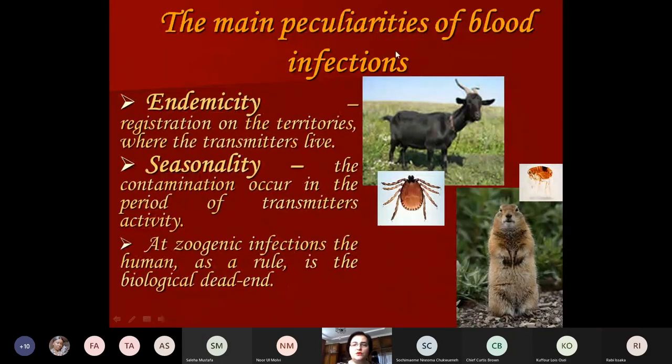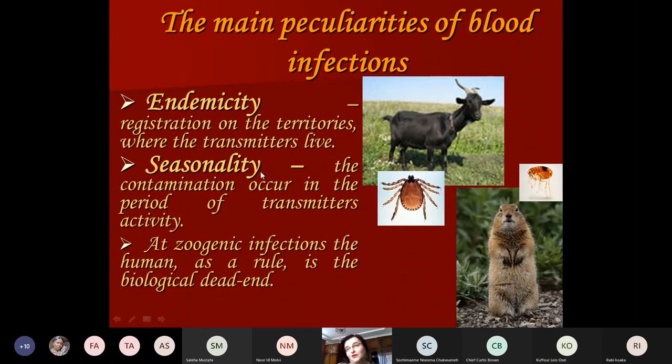Penetration into the blood of a susceptible organism. The main peculiarities of blood infections you can see: endemicity. It's understandable, because exactly for such regions where the transmitter lives, such diseases will be characteristic. Registration on the territories where the transmitter lives.